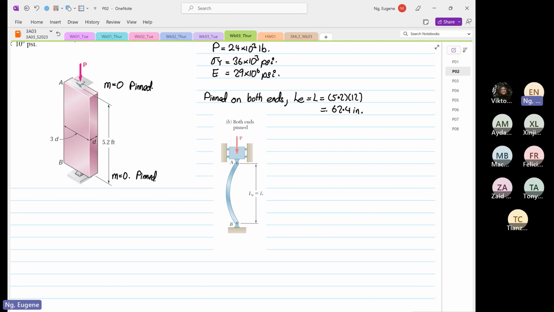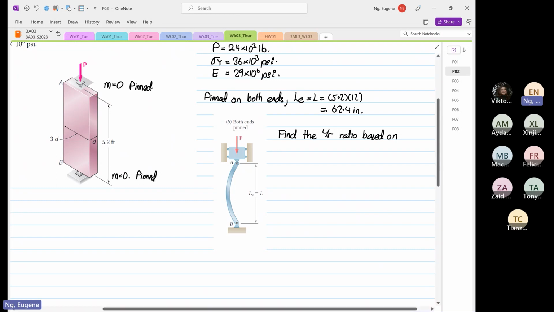The next thing we are going to find is the L over R ratio. We are going to determine the L over R ratio based on material properties, or based on Young's modulus and yield stress.